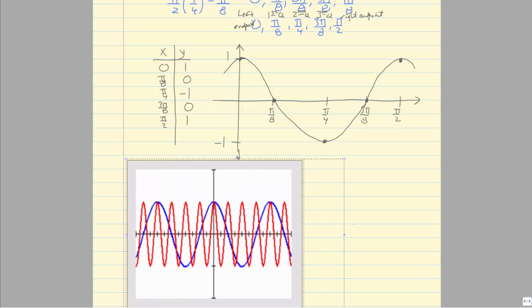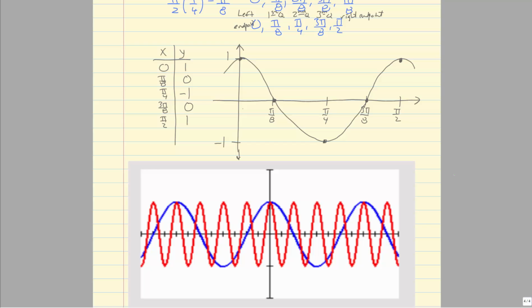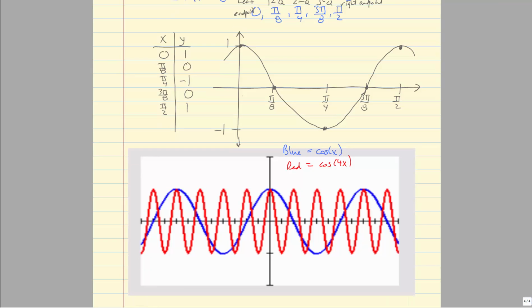It's kind of hard to see here, but this was definitely a compression. So our blue graph is equal to cosine of x, and our red graph is equal to the cosine of 4x. So this has definitely been a compression. I took that graph that was all spread out and I compressed it into a much smaller region.